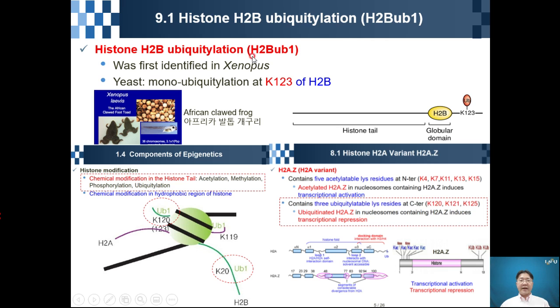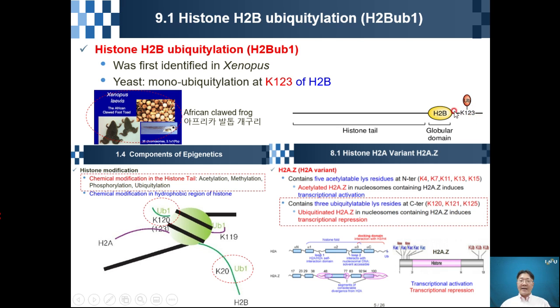We call it H2B UB1. H2B UB1 was first identified in Xenopus. Xenopus, in Korean, we call it 아프리카 발톱 개구리. And also in yeast, especially, the ubiquitination happens at the 123rd location.